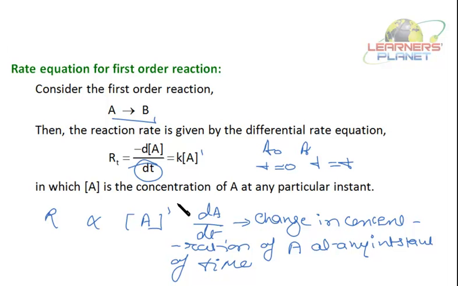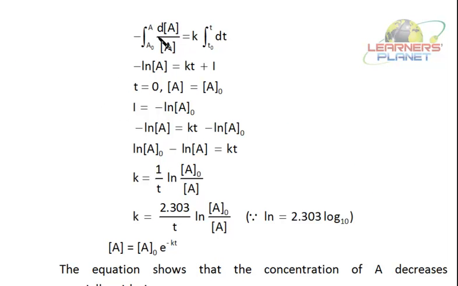Let's do this. Now see here, the integration of dA by A. The limits are A0 to A. A0 is the concentration of A when time is 0, that is when the reaction has just started. And A is the concentration when time is t, that is, the reaction may be completed or it is halfway.